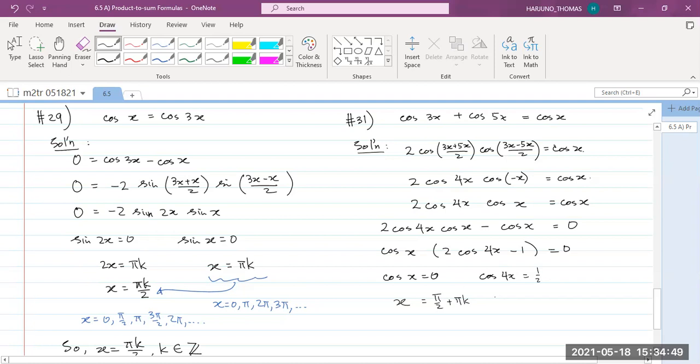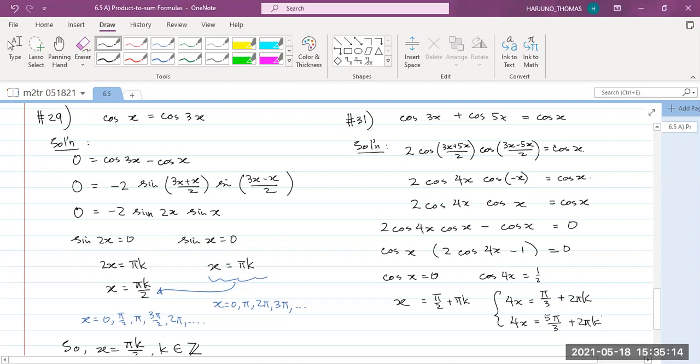Now cosine 4x equals 1/2. Either 4x is 60 degrees, that's pi over 3 plus 2 pi k, or 300 degrees, 5 pi over 3 plus 2 pi k.